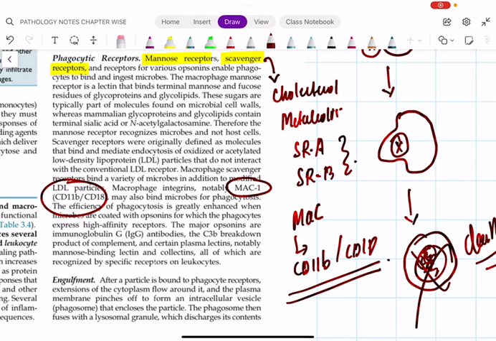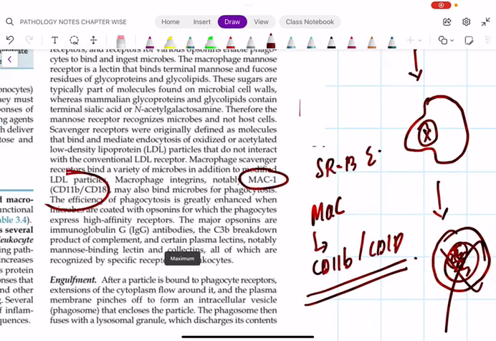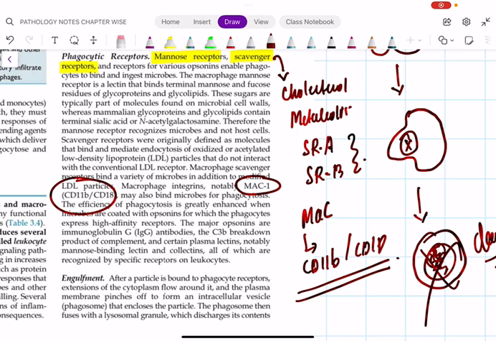CD95 is a marker of the extrinsic pathway of apoptosis. Annexin V is a marker of the intrinsic pathway of apoptosis. PECAM is involved in diabetes. Then we have MAC1, or CD11b/CD18. This is the receptor you have to remember, which helps in recognition before phagocytosis.